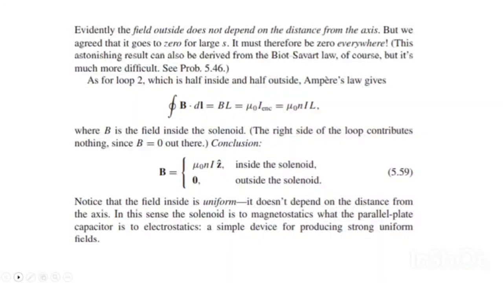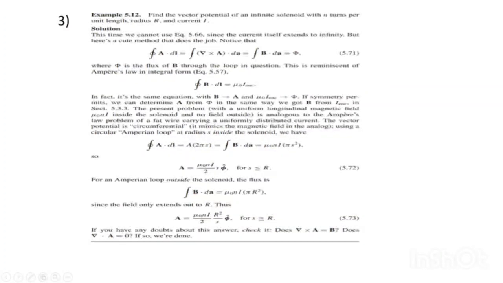Let's go to the third sum. The question is: find the vector potential of an infinite solenoid with n turns per unit length, of radius R and current I. Here we go with the equation: the line integral of A dot dl equals the integral of curl of A dA, which equals the integral of B dot dA, which equals phi, where phi is the flux of B through the loop.